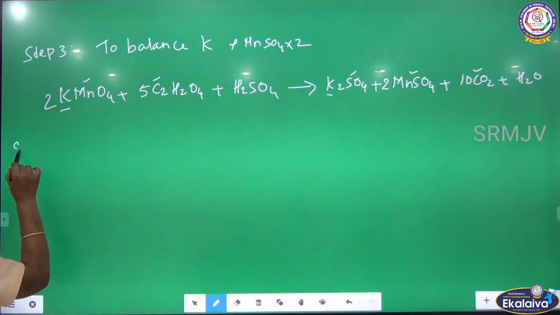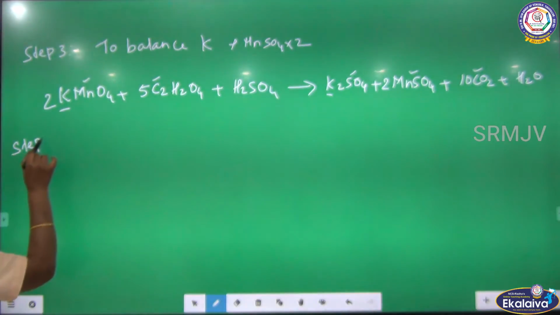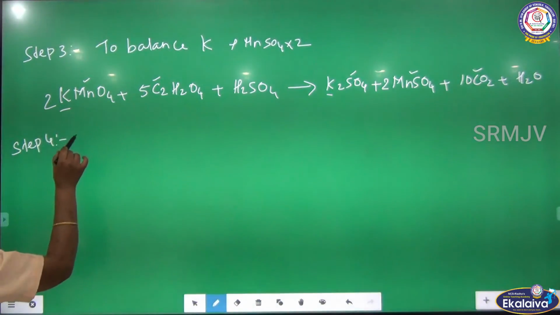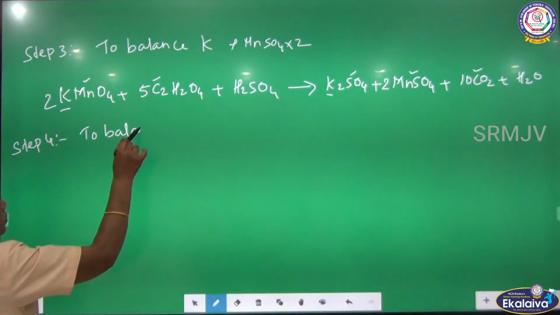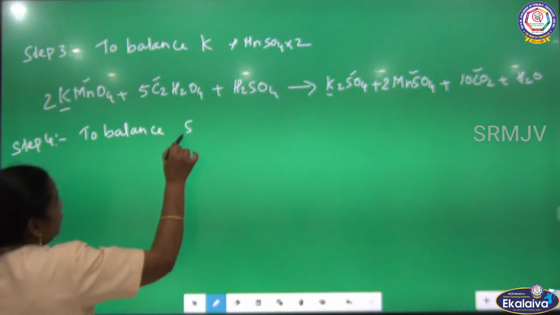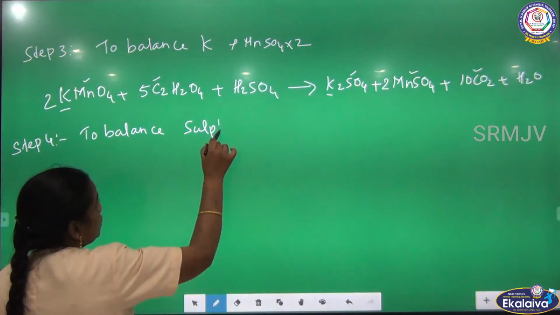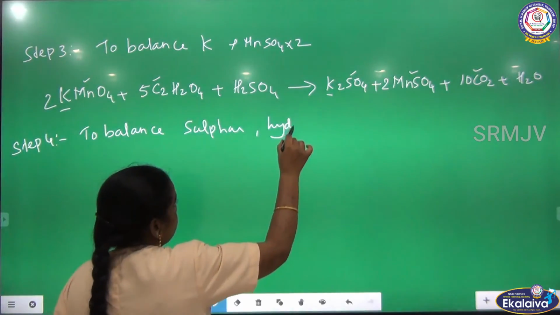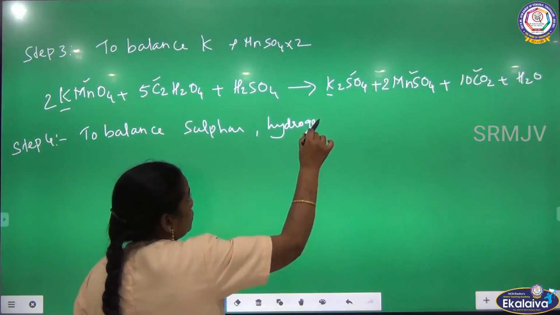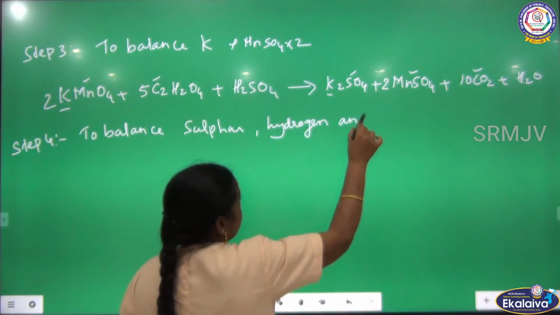Now next step 4. To balance sulfur, hydrogen and oxygen.